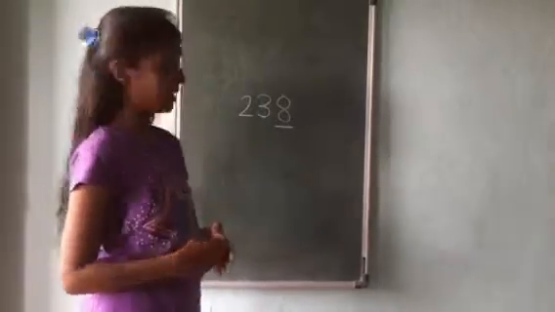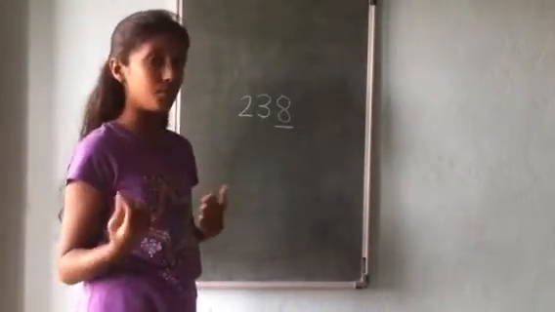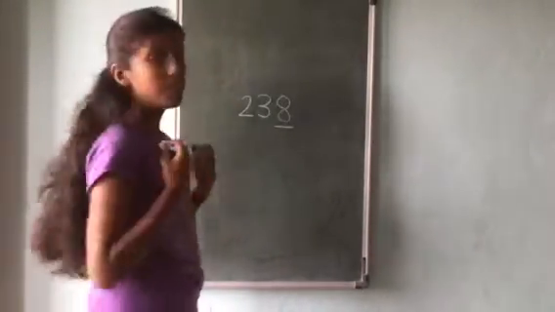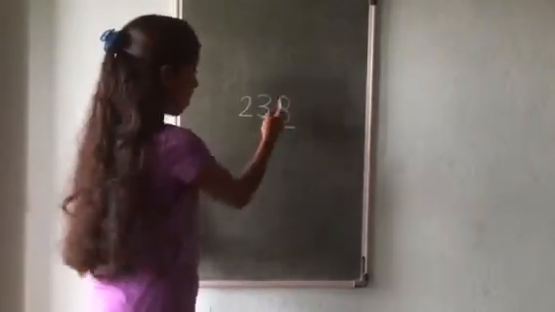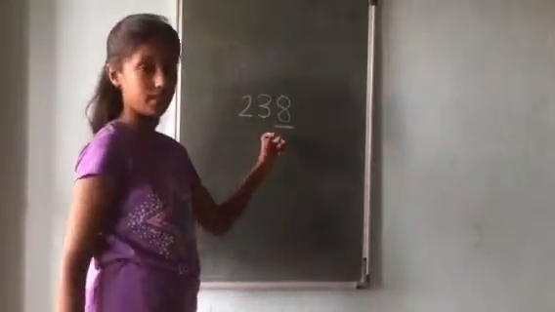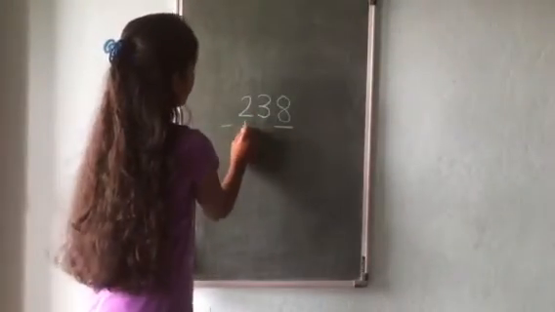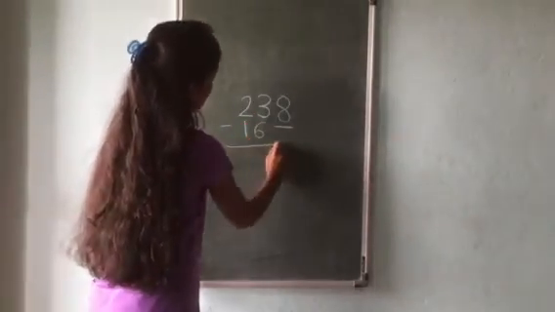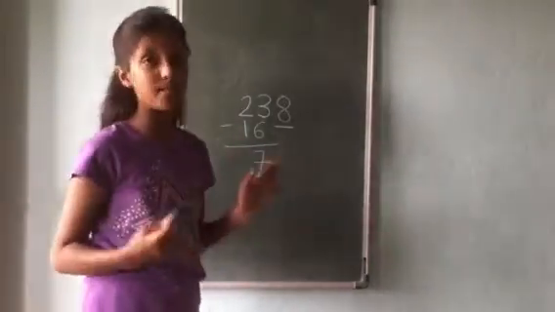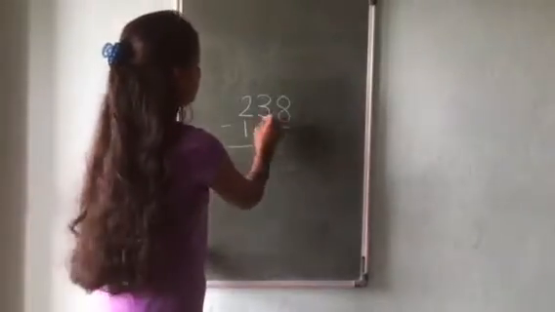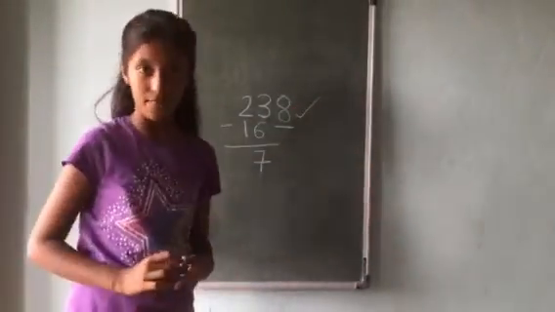Then I'll double it, meaning multiply by 2. So 8 2s are 16. Then I'll subtract 16 from the remaining digits. My remaining number is 23. So I'll subtract 23 minus 16. The answer would be 7. Since 7 is divisible by 7, the whole number is divisible by 7.